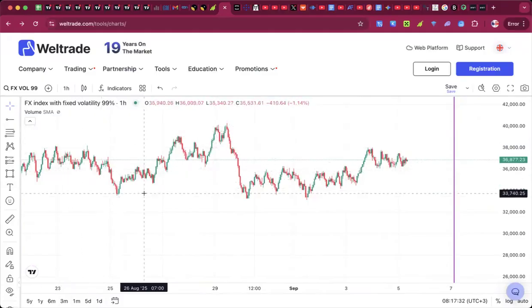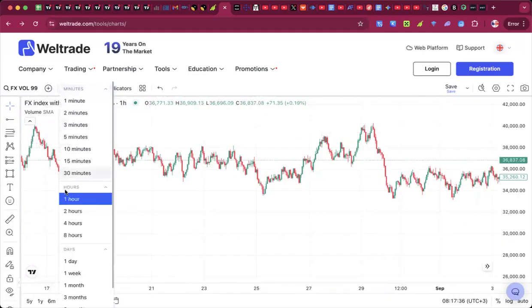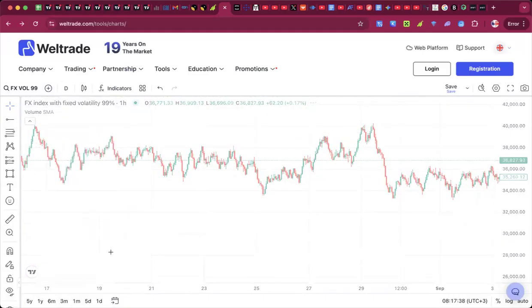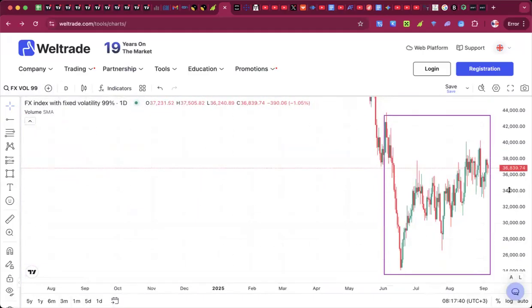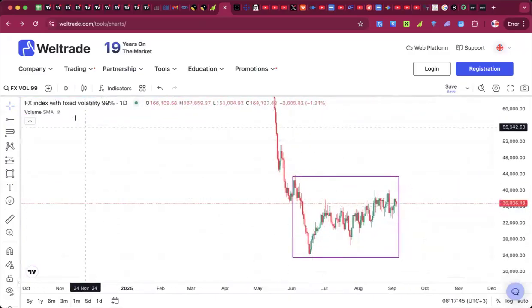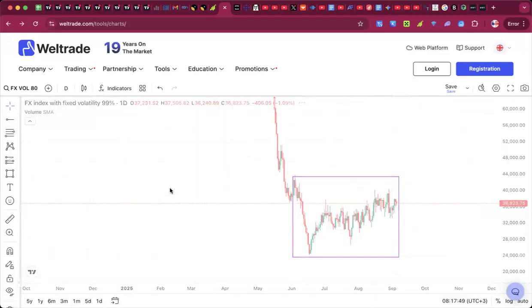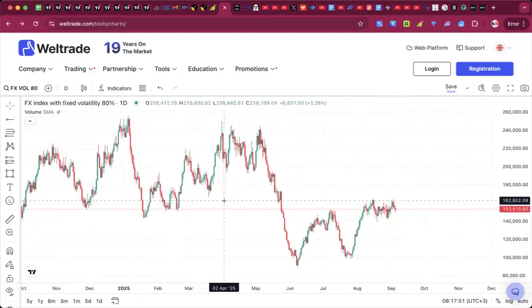You have to go to a lower time frame. Sometimes they actually get up to do what is ideal anyway. So you can see all this. So look at 80.